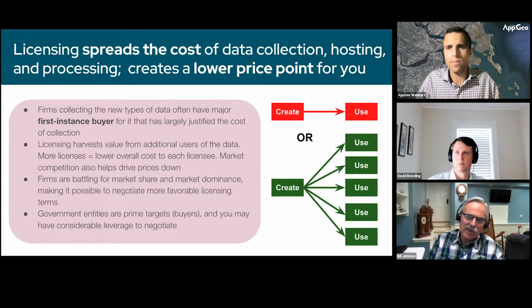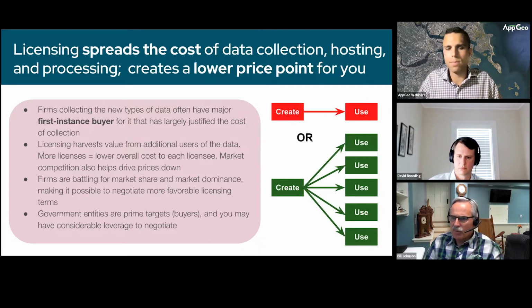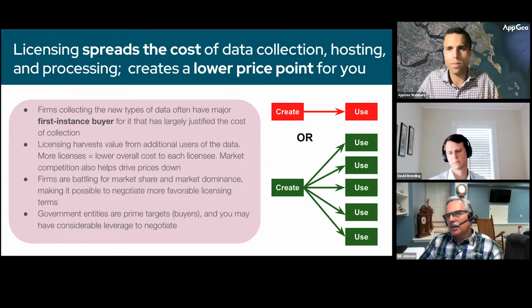So if you contrast what I described 10 minutes ago as this work for hire model, where you would write up a specification and contract with a company to create data that you own, well, when you do that, you have to bear the full cost of that data set as a single user of it. And what these licensing models do is they spread that cost out over the full population of users. And that's a very powerful way to bring the cost down. And it turns the data into less of a niche specialty item to something approaching a commodity item.